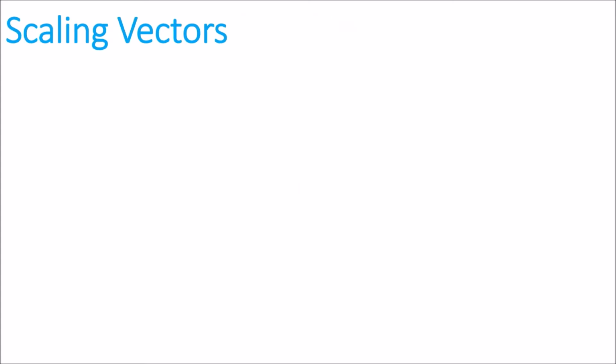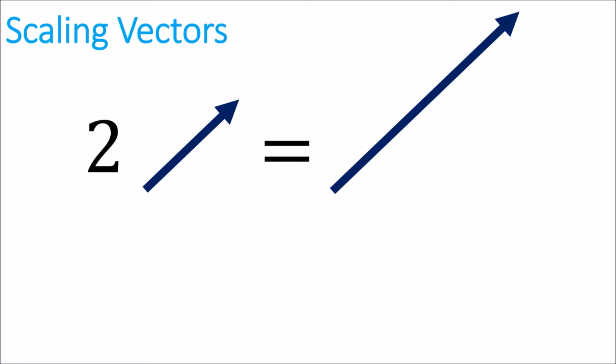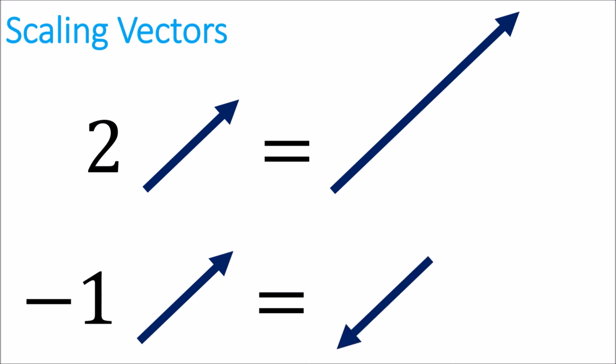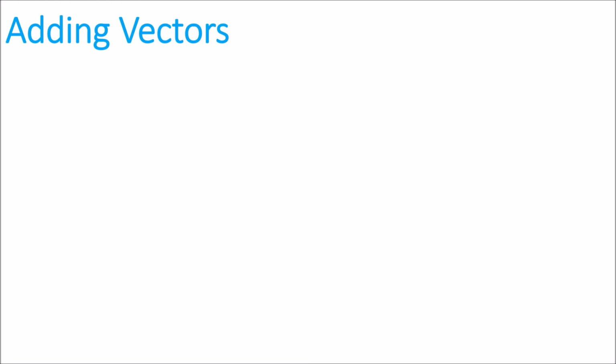I'm hoping you already know that we can scale vectors. For example, if we multiply a vector by the number 2, that vector still points in the same direction but becomes twice as long. And if I multiply a vector by the number -1, it keeps the same length but reverses its direction. I'm also hoping that you know how to add vectors.